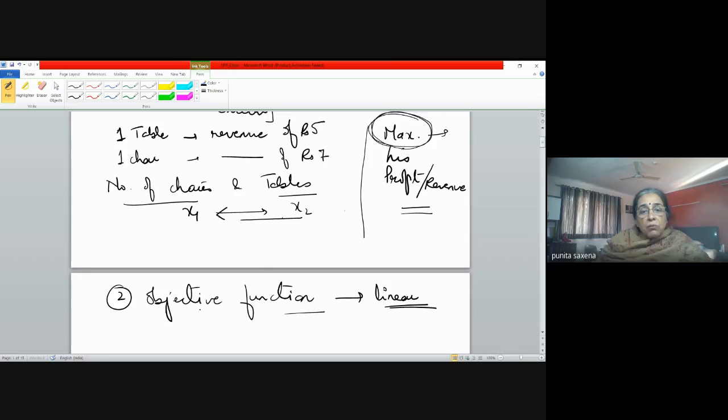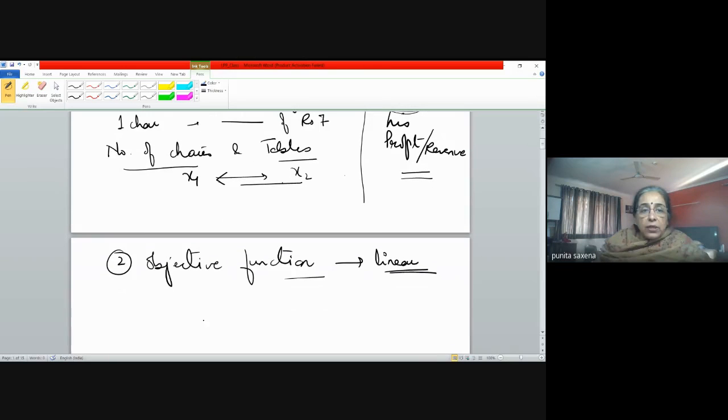So that means the objective function here is, first of all, to identify what is going to be my profit function. Okay. So that means profit function or revenue function, whatever we have been calling, whatever that function is, let's call that Z. Okay.